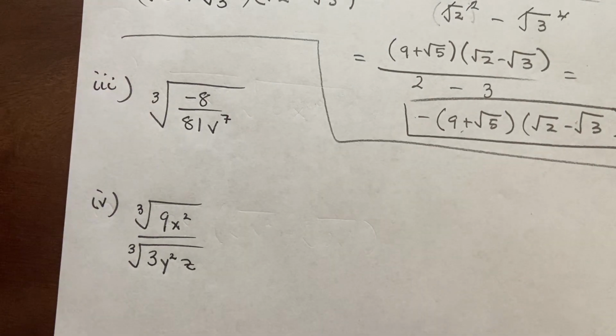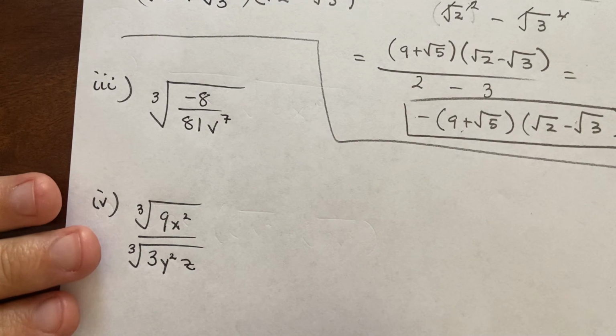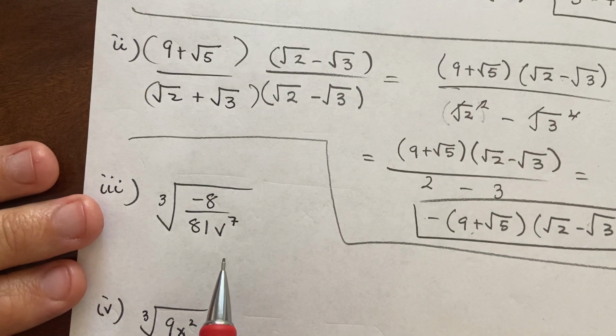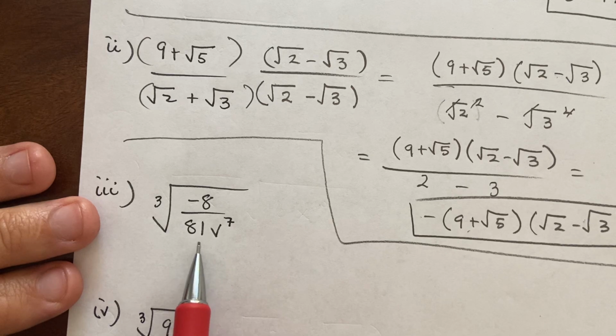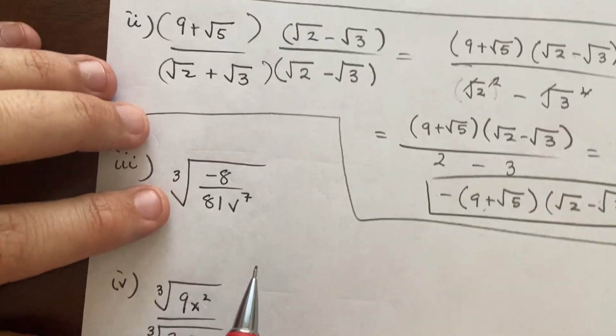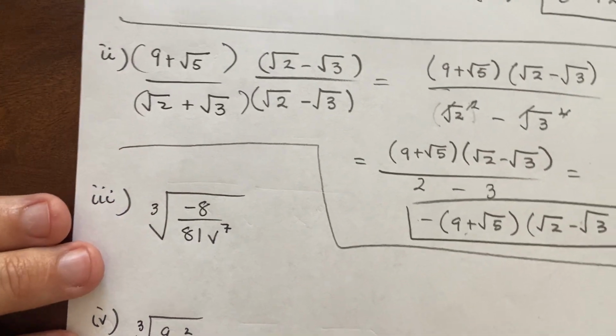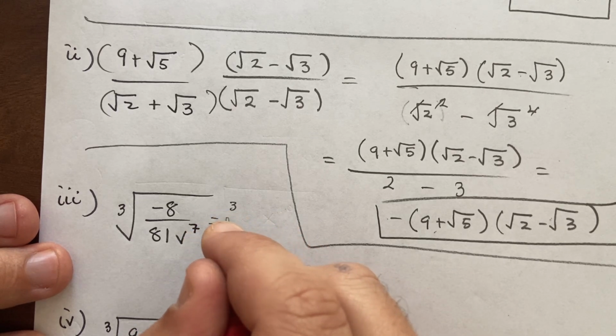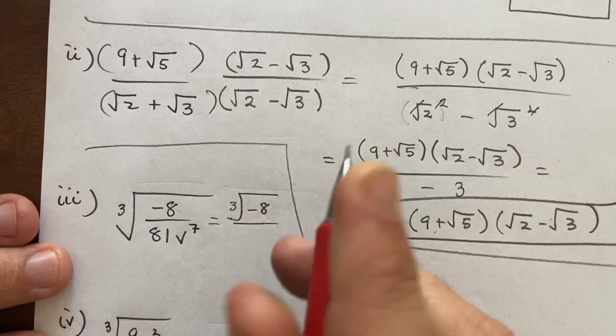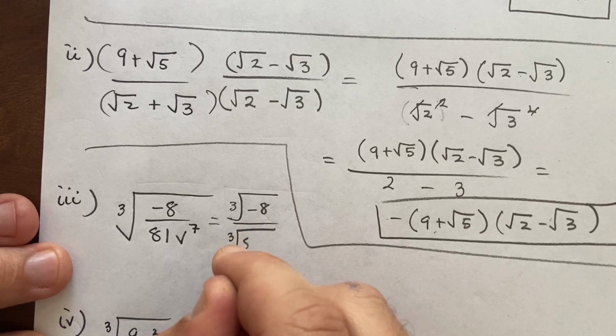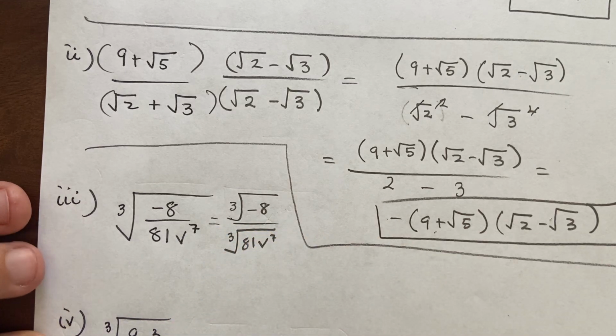Cube root of negative 8 over 81 v to the 7th. So again, I'm trying to get all the perfect cubes out of this. And also I'm trying to rationalize the denominator. But what I'm going to start with is just simplifying. So this would be the same as the cube root of negative 8 over the cube root of 81v to the 7th.